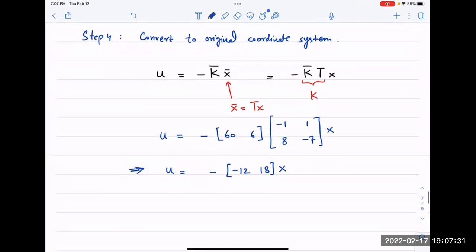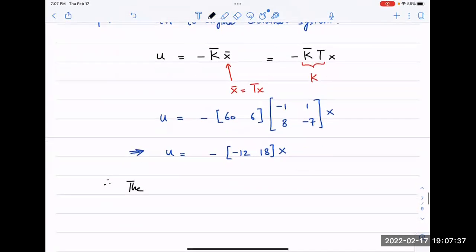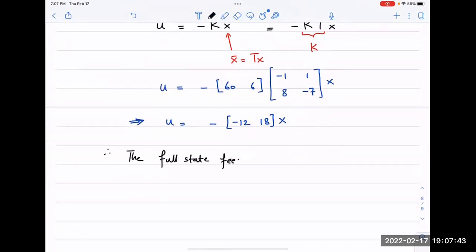Okay, so what you can say here is that the full state feedback controller is u is 12 x1 minus 18 x2.